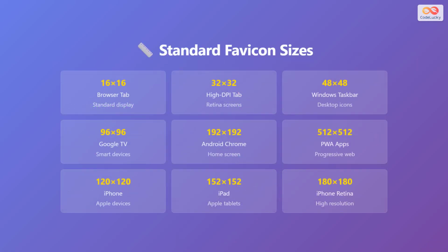Different platforms require different favicon sizes. 16 by 16 pixels is the standard browser tab display. 32 by 32 pixels is used for high DPI and Retina screens. 48 by 48 pixels works for Windows taskbar icons. 96 by 96 pixels is for Google TV and smart devices. 192 by 192 pixels is required for Android Chrome home screens. 512 by 512 pixels is used for progressive web applications. 120 by 120 pixels is for iPhone home screens, 152 by 152 pixels for iPad, and 180 by 180 pixels for high-resolution iPhones.